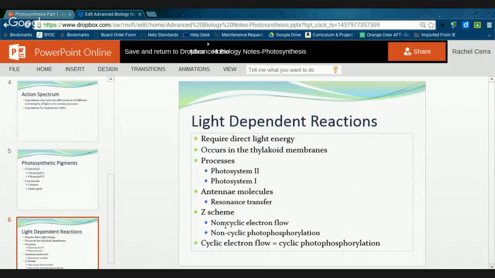Because the sunlight isn't always going to hit directly onto that chlorophyll A, P680, that's why they have those antenna molecules spread out. So if light hits one of those, they will pass the light energy on until it gets to that chlorophyll A, P680.